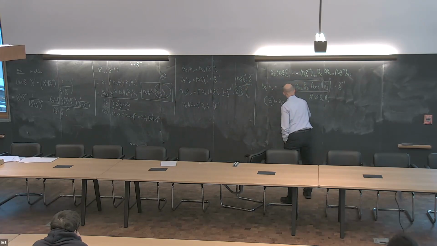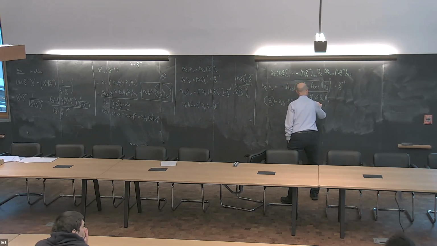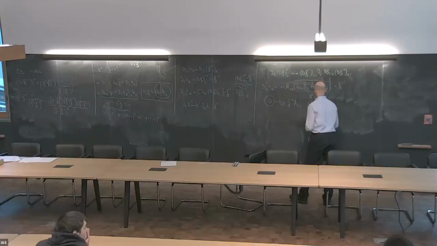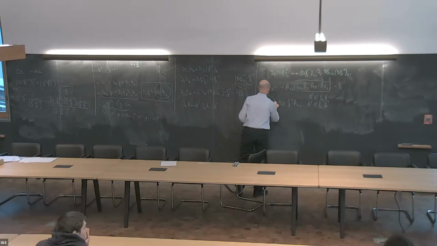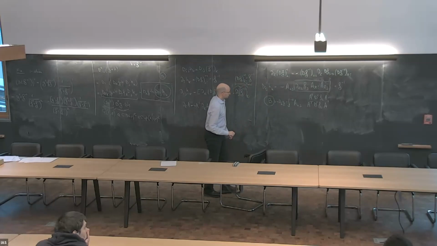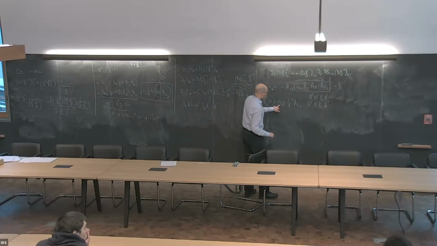Okay, then I have A_KS. And then I have A transpose D2 F_S A. Okay, and there's a minus.